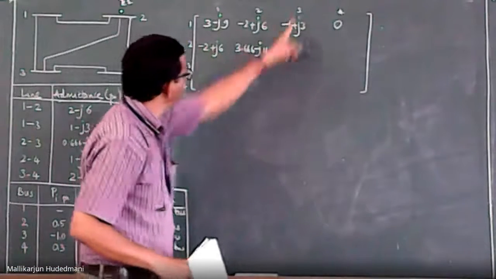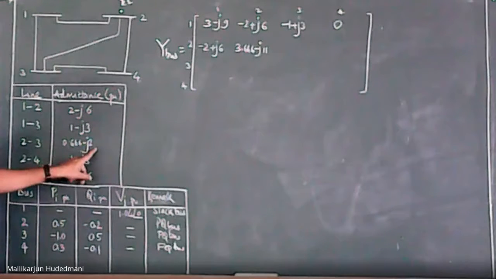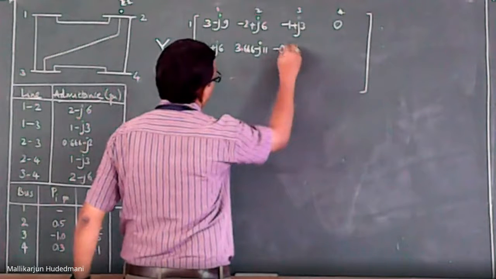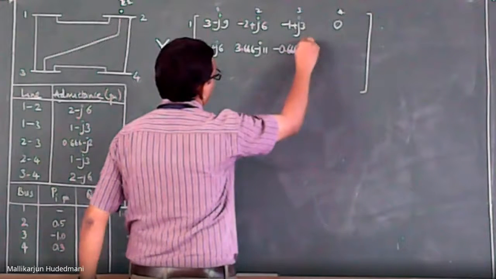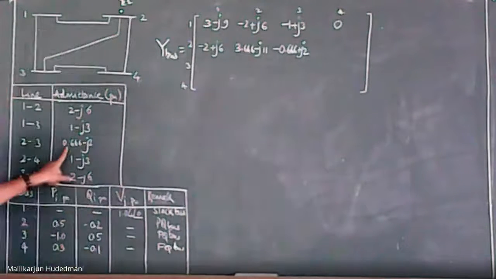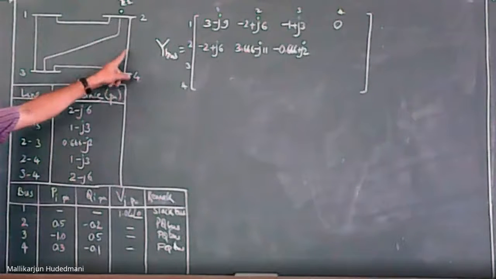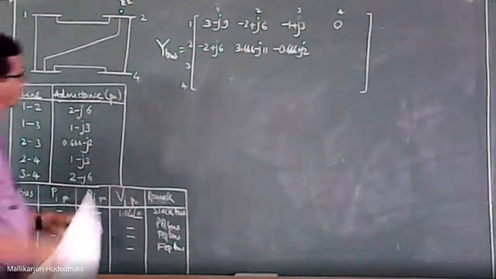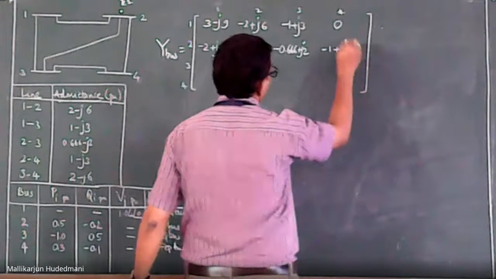Bus 2 to 3. Is there a line? There is a line here. What is the line 2, 3? 0.666 minus J2. Then the negative of this will appear here: minus 0.666 plus J2. Is there a line between 2 and 4? There is a line. That line is 1 minus J3. It becomes opposite to this: minus 1 plus J3.